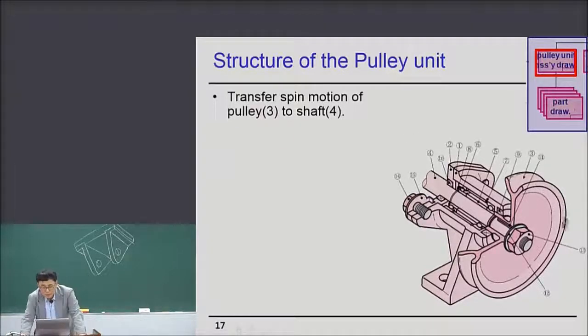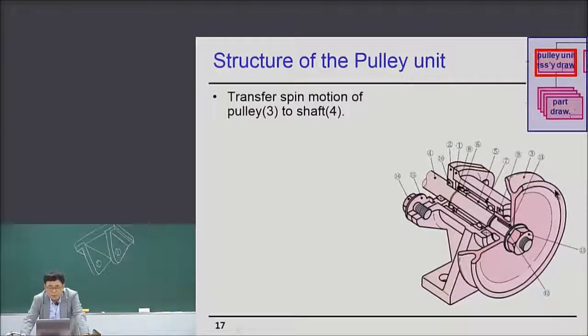So the pulley is here, number 3. Please notice the number attached to each part. This number will be used in the assembly drawing when you make the assembly drawing for this pulley unit.